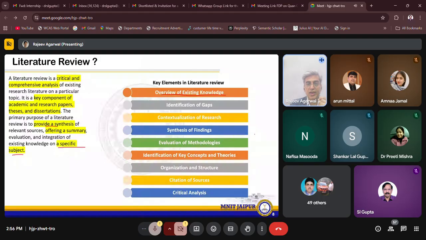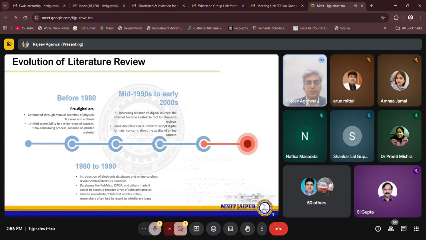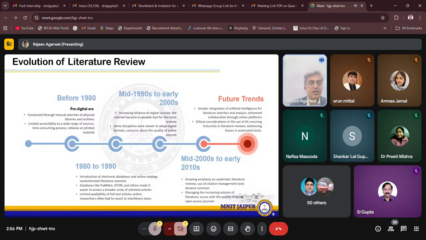Then identification of gaps, research, methodologies, structure, citation, critical. So we will do hands-on where you will be actually understanding the whole process. So these are the whole steps before you do.